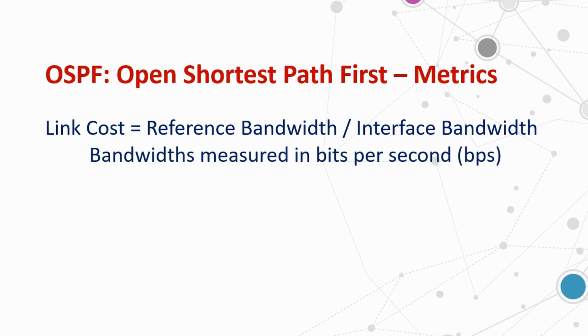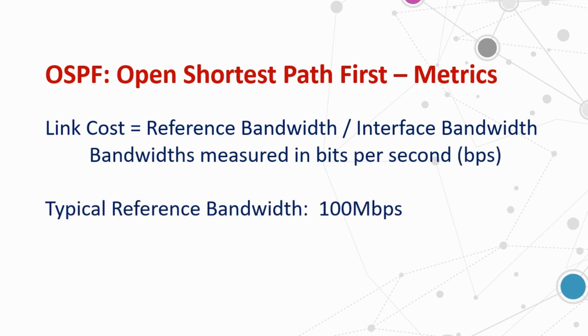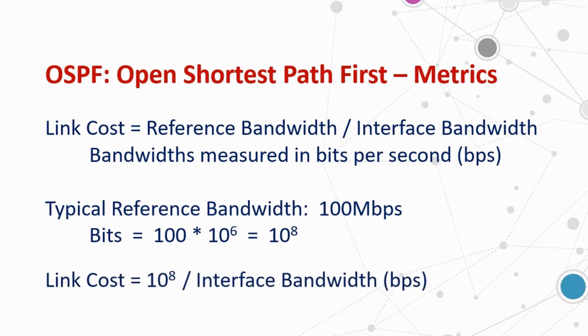The typical default reference value is 100 megabits per second, which is 100 times 10 to the 6th bits, or you could say 10 to the 8th bits. Cost, therefore, is 10 to the 8 bits divided by the interface's bit rate per second, and any number less than 1 is assigned a value of 1.